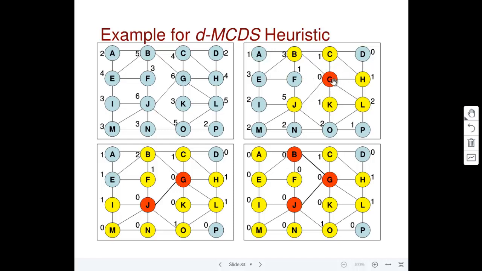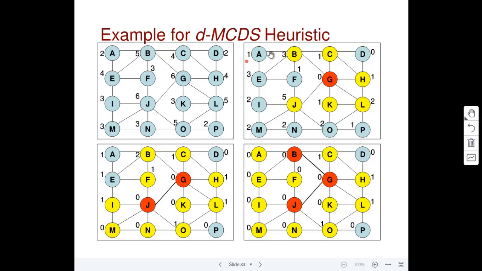So we pick G, it covers all its 6 neighbors. So we color those neighbors in yellow color to indicate they are covered, and the other vertices, say in blue color, or just don't color them, they are yet to be covered.